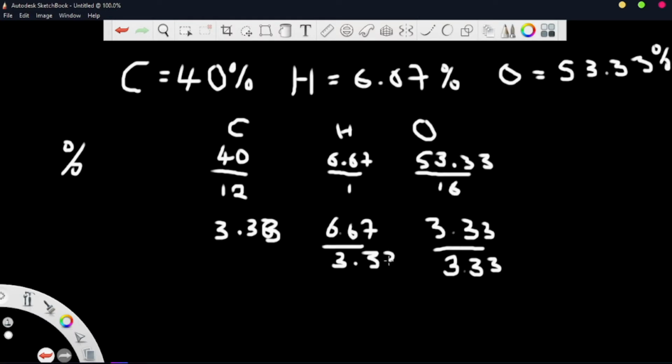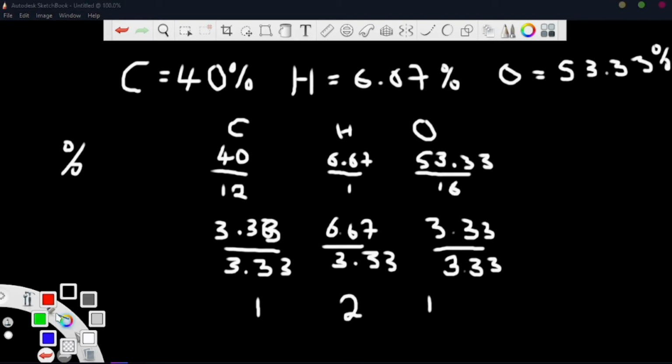What we get is what we use to write our empirical formula. When we divide here, we get 1, here we get 2, and here we get 1.